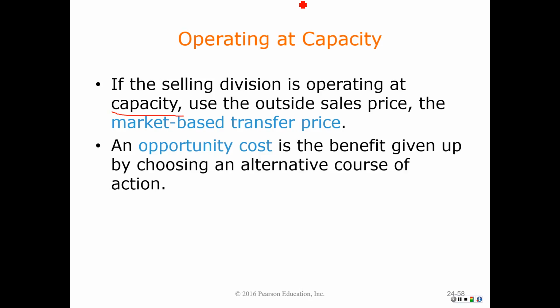At that point, we could possibly justify selling our part to them at a market-based transfer price. So the opportunity cost is what we're looking at here. What are we giving up by choosing to manufacture for my division instead of an outside customer?